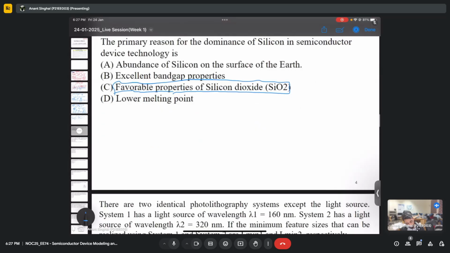So let's say this is a silicon bar. If we keep it in, let's say, a room environment, due to the presence of oxygen, it forms silicon oxide on top, and this is a very good insulator.